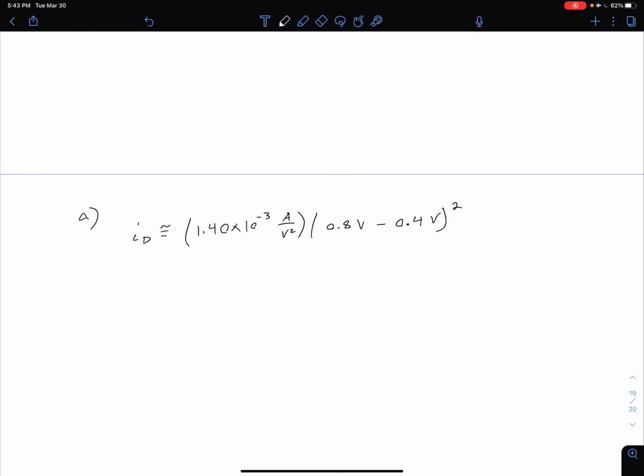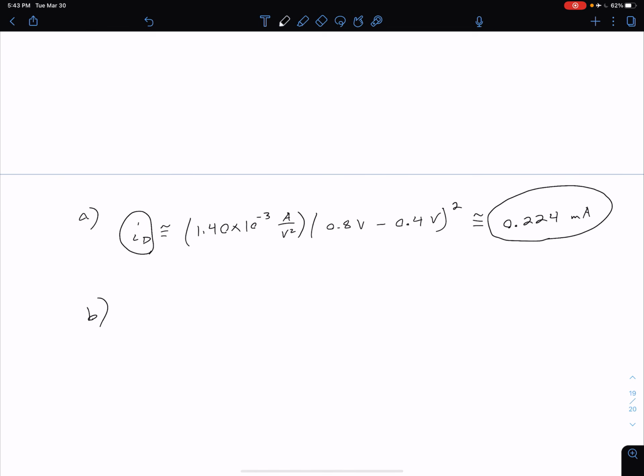And so you can see from our units, from over here, we're going to have a volt squared, which is going to cancel out with this volt squared, and we're going to be left with just amps, as we would expect for a current. And if we plug that in and change it to a more readable format, milliamps is a little easier to interpret at a glance. So that ends up being 0.224 milliamps. So that would be our answer for part A.